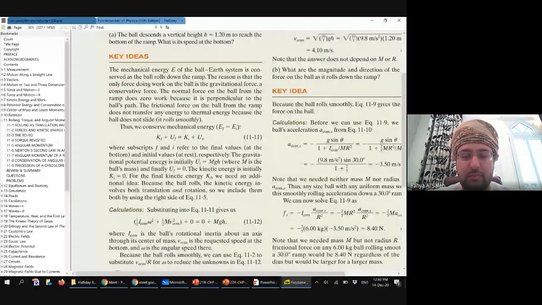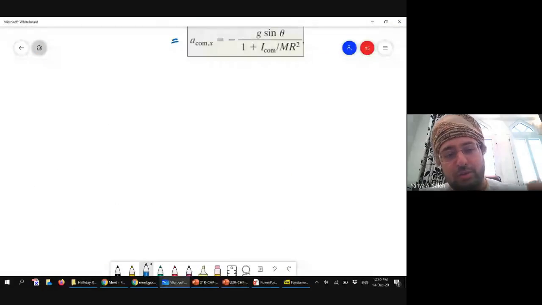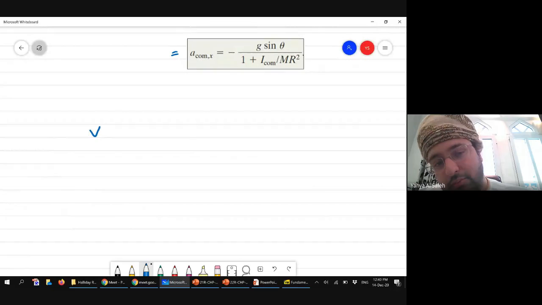The ball rolls smoothly, so there's no sliding. That says we can use v equals R omega.